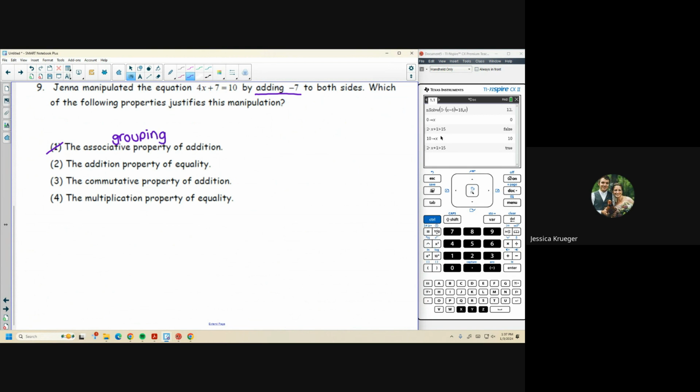Addition property of equality, adding the same thing to both sides. I think that's it. 3 is just where we change the order. So A plus B equals B plus A. We didn't just change the order. We added a whole new number to both sides. And then multiplication property of equality, we did not multiply. So it is choice number 2.